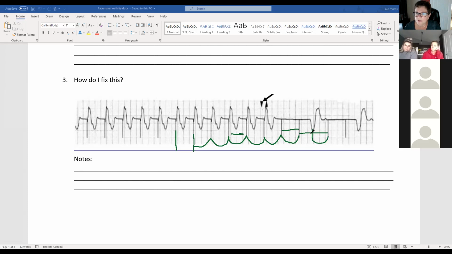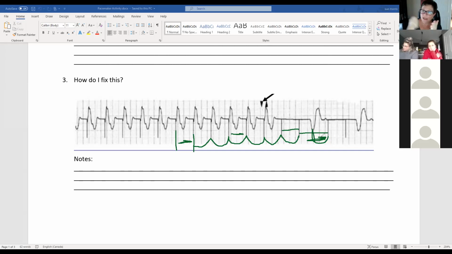So the pacemaker said, hey, I see you and I sense you, and I reset my timer. And so the distance between here and here is the same as the distance between here and here. That is your pacing interval. So my first step is to make sure that my device senses okay. So I don't have to change its millivision at all.